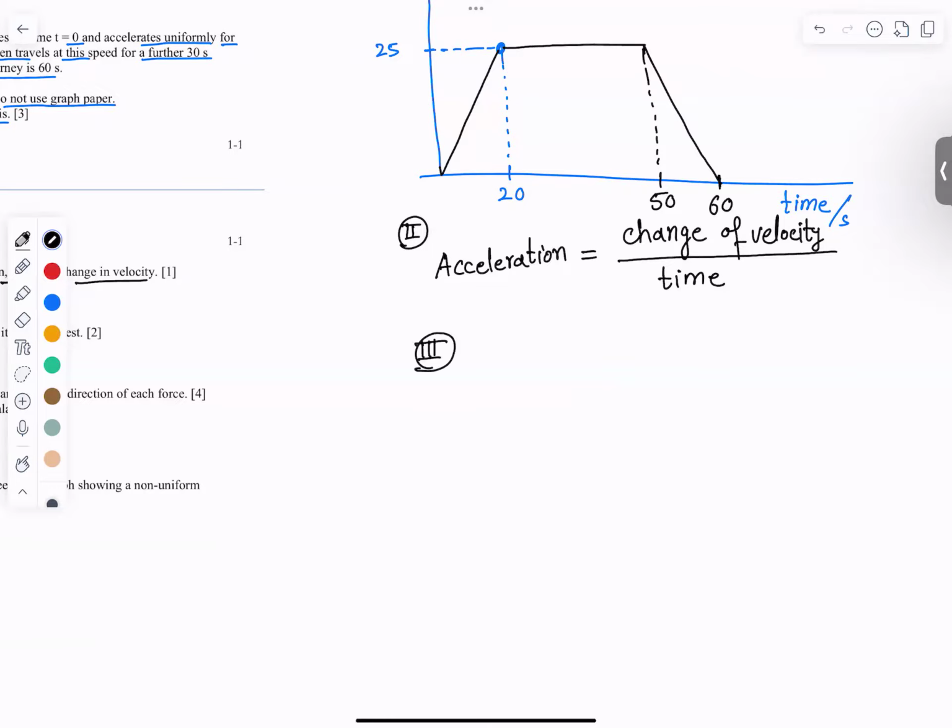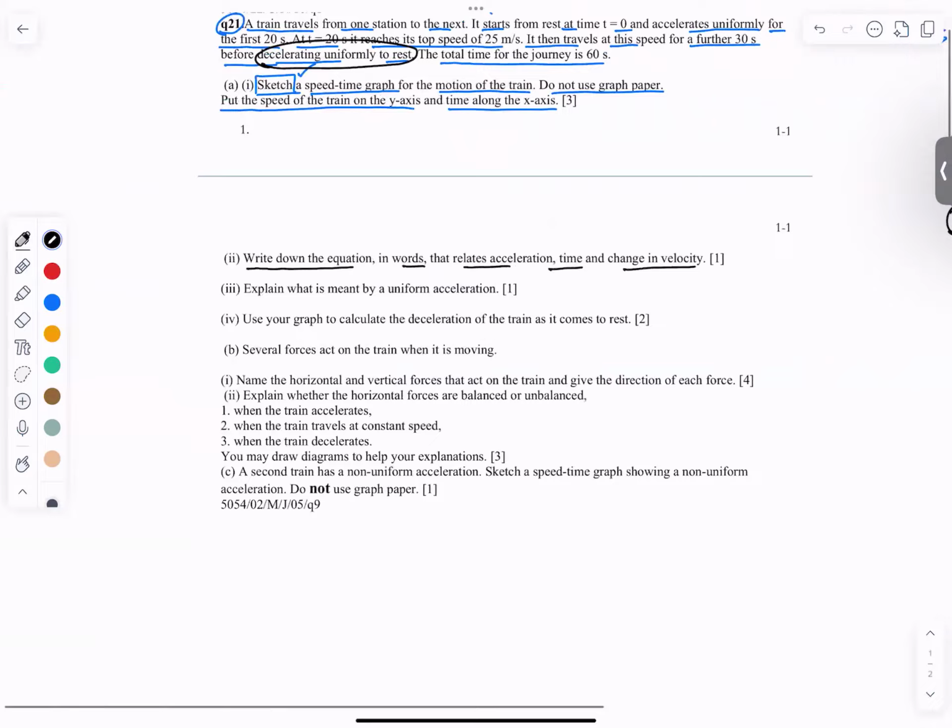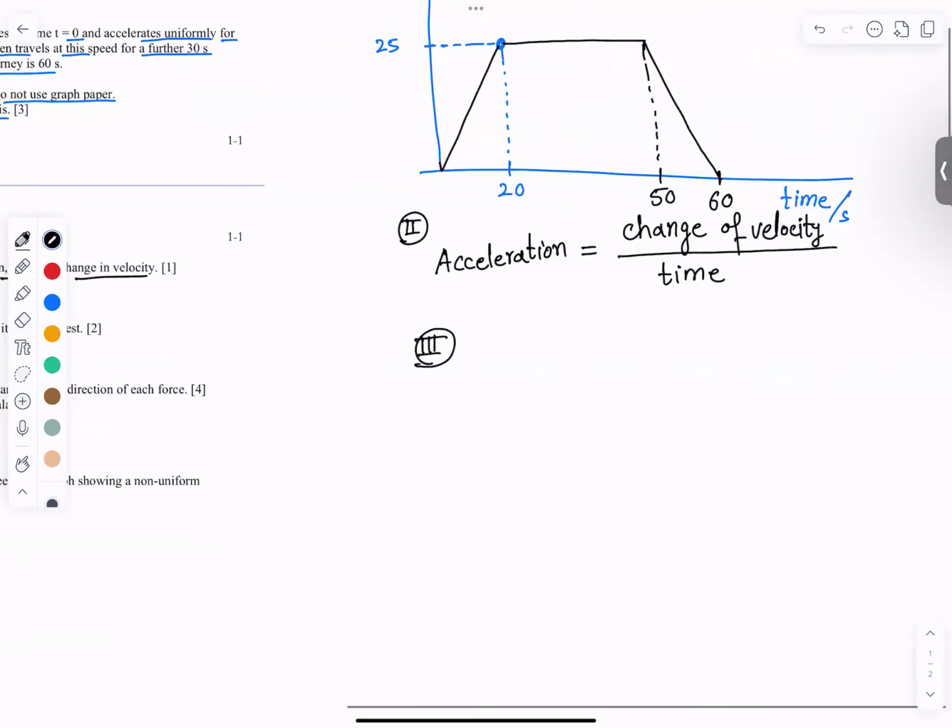Now the third part of the question: explain what is meant by uniform acceleration.